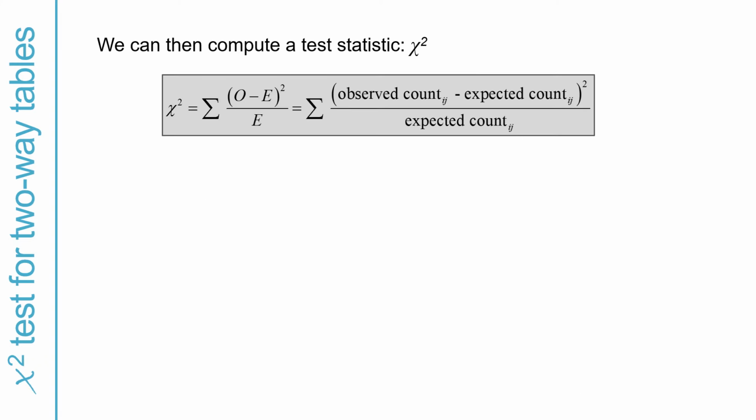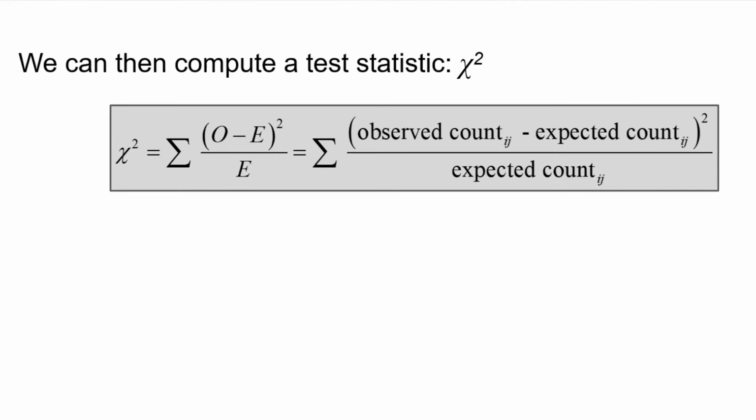And we will use those expected counts to calculate a test statistic that will tell us how much the sample data deviate from what we would expect if the null hypothesis was true, relative to how much variability can be expected just based on the random sampling process. So in this case, the test statistic is called the chi-square statistic, and it is calculated as a sum of components with one component for each cell in the table, computed as the observed count minus the expected count squared divided by the expected count.